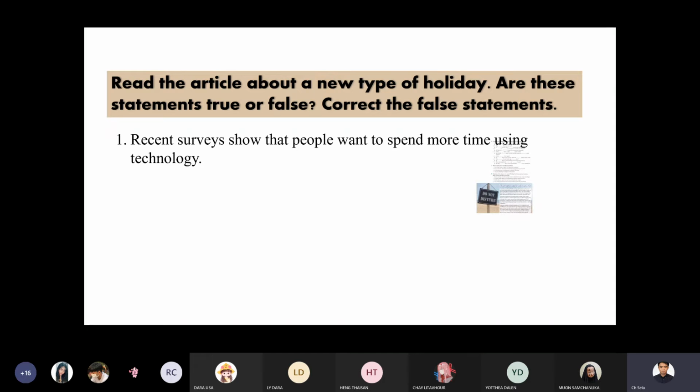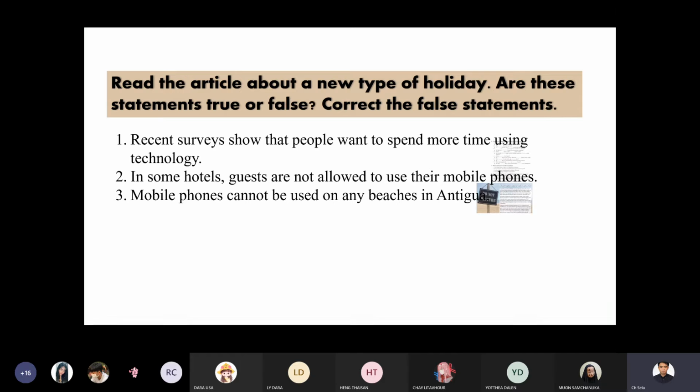Recent surveys show that people want to spend more time using technology. In some hotels, guests are not allowed to use their mobile phones. Mobile phones cannot be used on any beach in Antigua. And one resort guest thinks that banning mobile phones is a good thing.